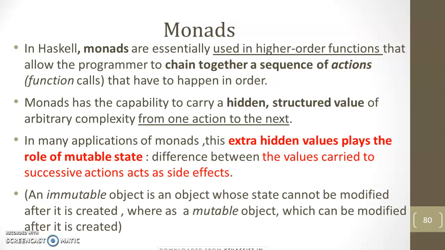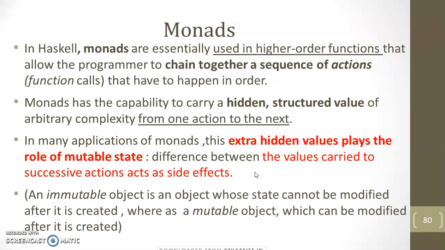Those actions will be treated as function calls. So monads have the ability to carry a hidden structured value or arbitrary context from one action to the next. So these hidden structured values, they are mutable. That is, they will be changing based on the actions that are carried out on those values.